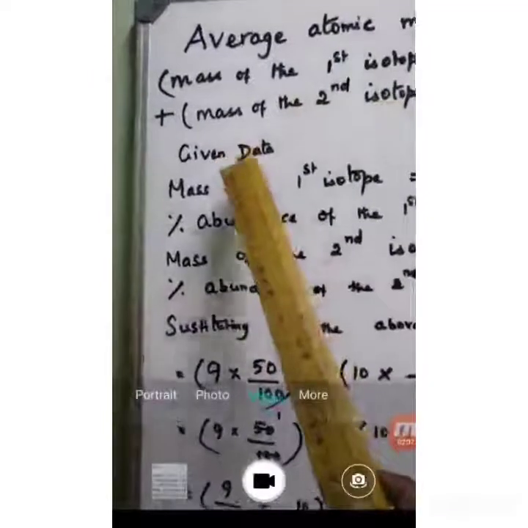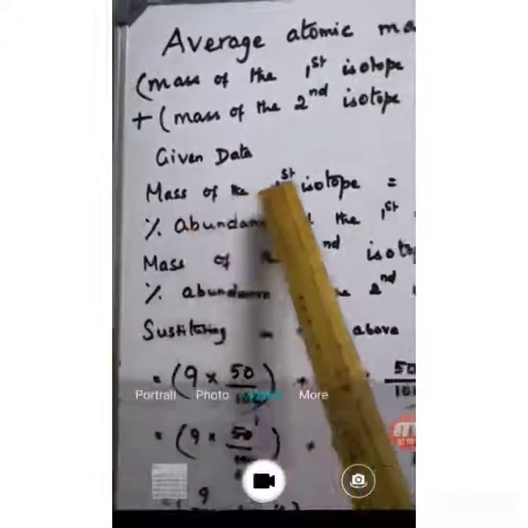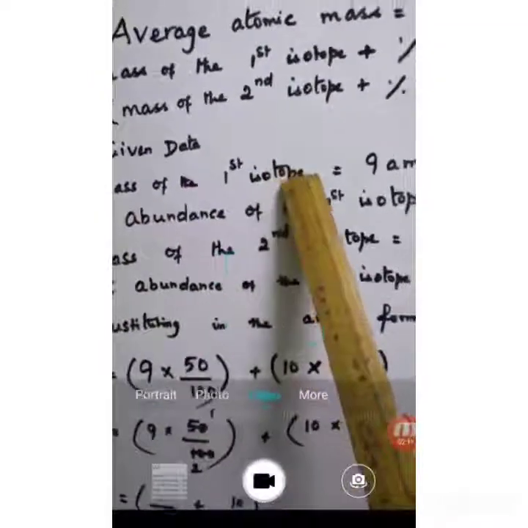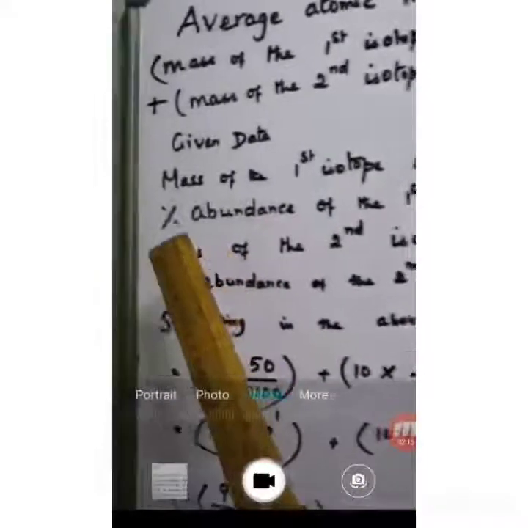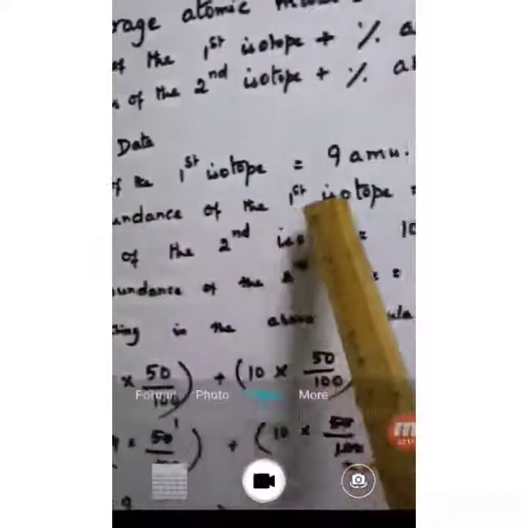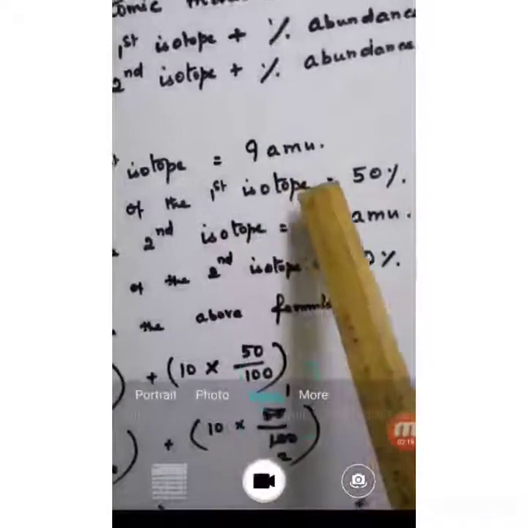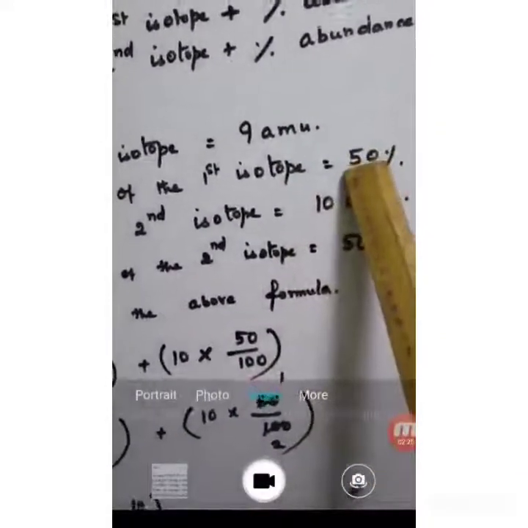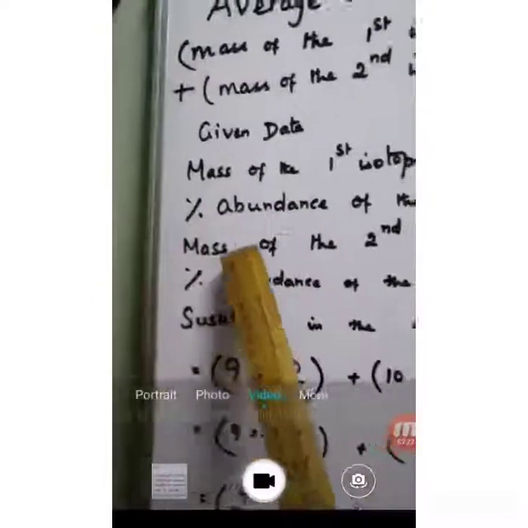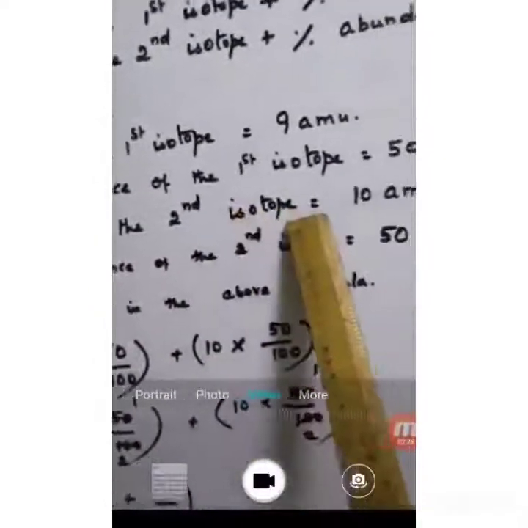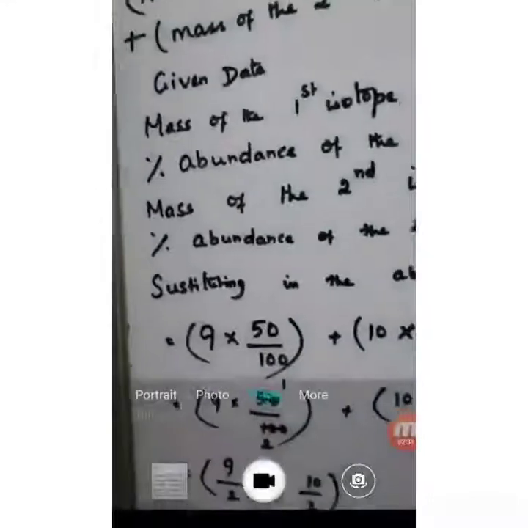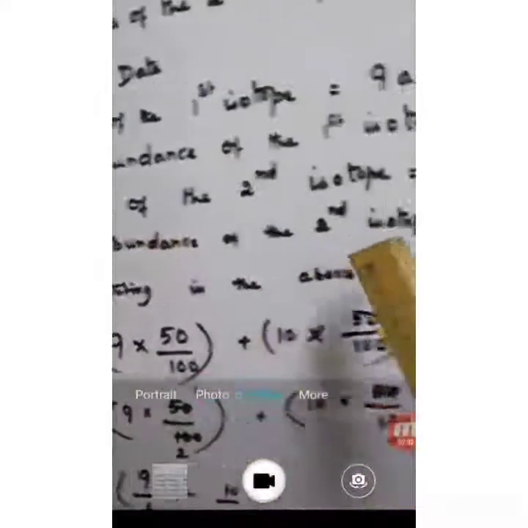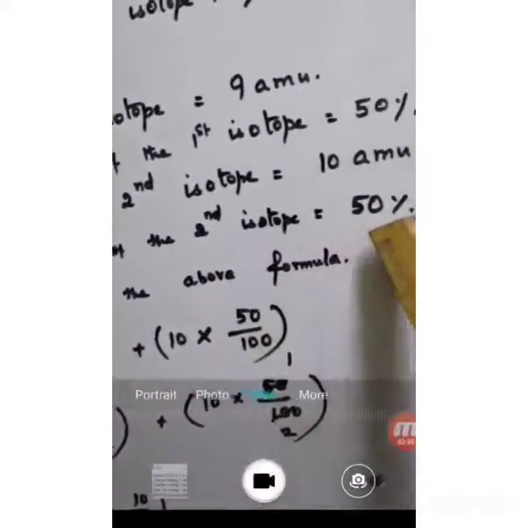Given data, mass of the first isotope: in the problem it is given 9 atomic mass unit. Percentage abundance of the first isotope: in the problem it is given as 50%. Mass of the second isotope is equal to 10 atomic mass unit. Percentage abundance of the second isotope is equal to 50%.